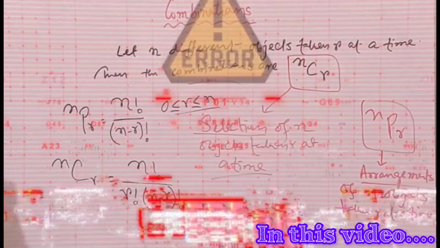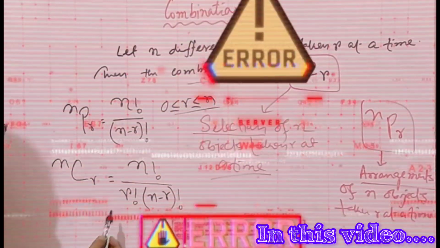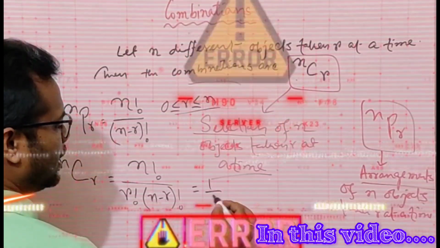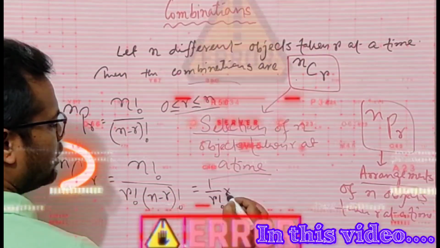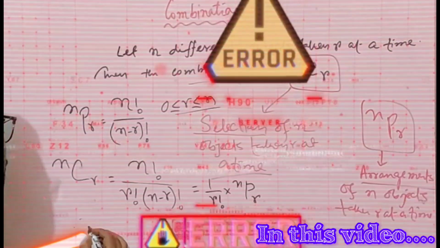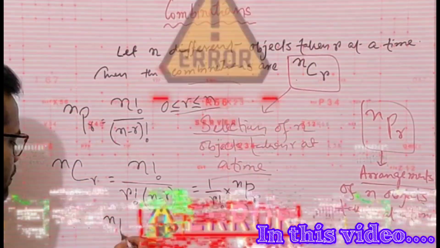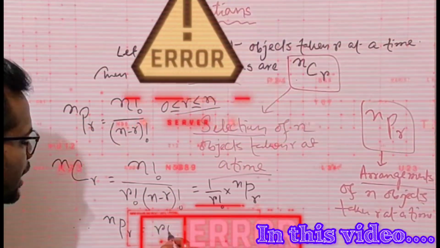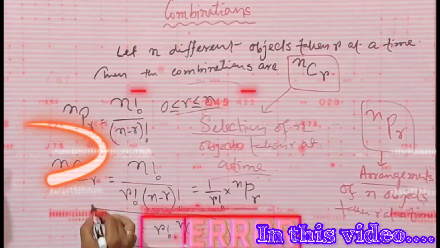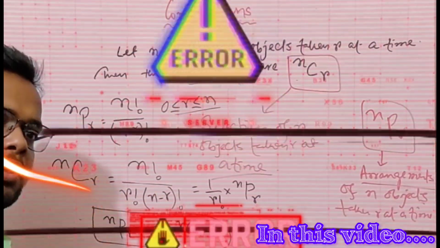This is a similar type to this, but here 1 by r factorial is extra. So this can be written as 1 by r factorial into nPr. So in short form this can be written as nPr equal to r factorial into nCr. This is the shortest form, and this is also the relation between permutation and combination.